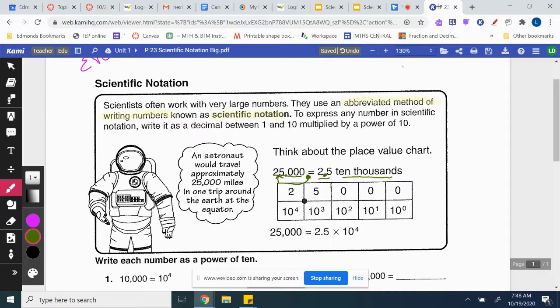And so when we rewrite 10,000 in exponent form, it's going to be right there. So that means this is 2.5 times 10 times 10 times 10 times 10. And it gives us this. This is written in scientific notation.